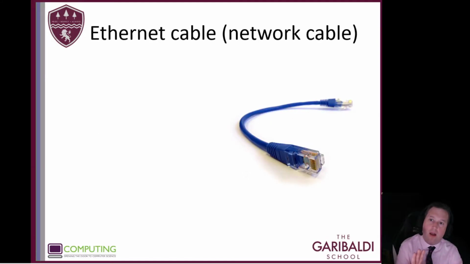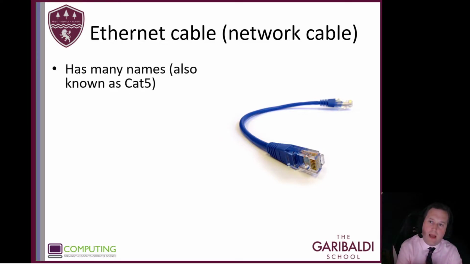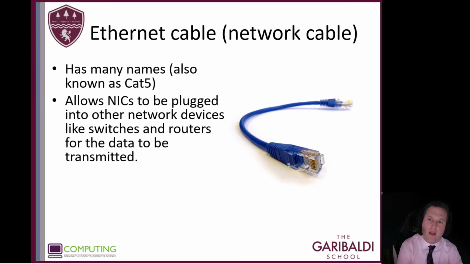Then we've got our Ethernet, however you want to pronounce it, or network cable. And it's got lots of names. Category 5 cable. It allows you to hardwire the NICs together. So connect one end into the network card, into the NIC, and the other end into perhaps a router or a hub or a switch, to facilitate the communication, to allow data to travel along the copper-based cable.